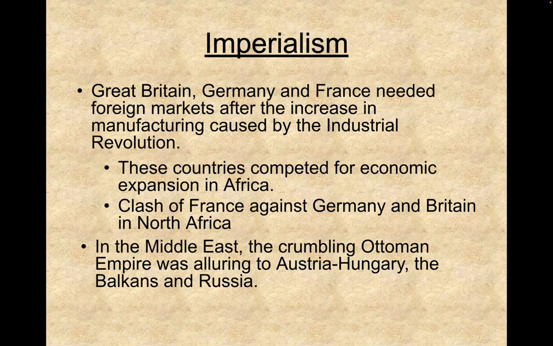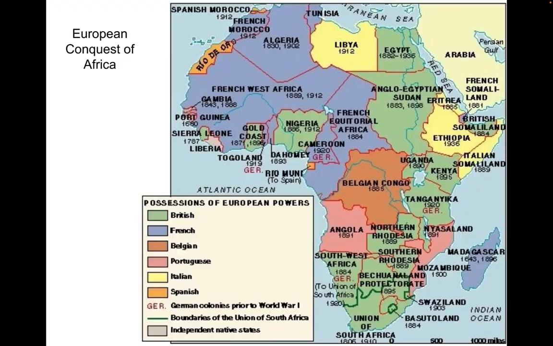So we have those parts like, ooh, let's go take the Ottoman Empire. Let's go be the ones who own Turkey and all of those countries in the Middle East. And so again, fighting over this land in Europe, even though the land is not in Europe, but fighting between European countries for this land is going to cause tensions to rise.